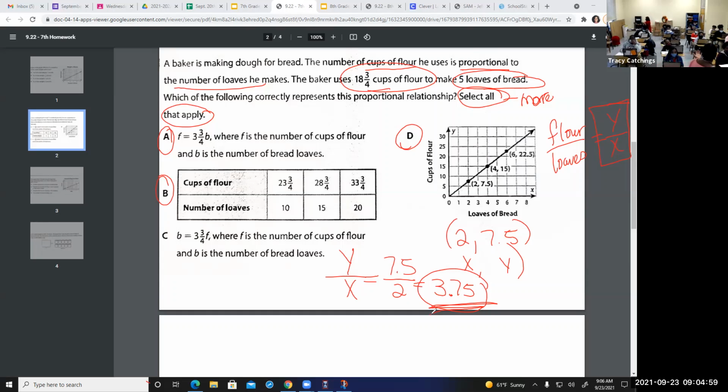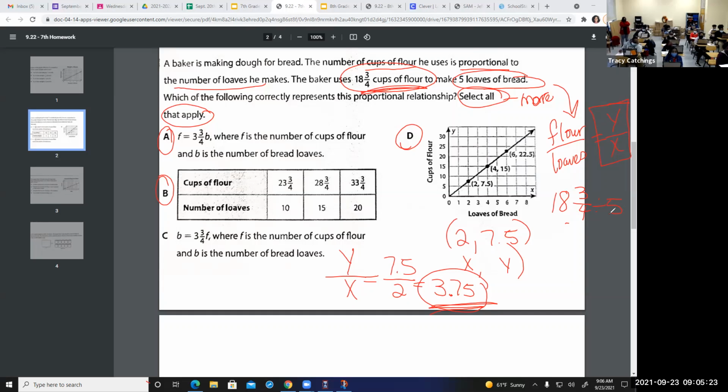Where did it come from? I did 18 and 3/4 divided by 5. Good job. So we had already set it up like this. Yes, you should have done 18 and 3/4 divided by 5. Did you leave it as a fraction or change it to a decimal? What did you get? 3 and 3/4. Did you change it to a fraction or leave it as a decimal?